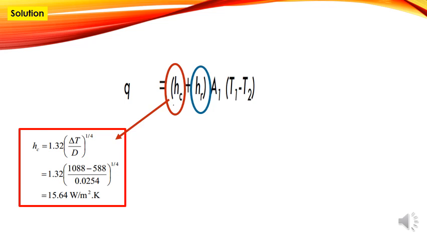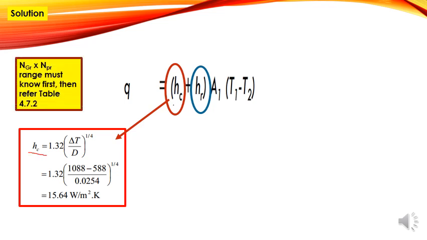But how do we get this formula for Hc? Actually, it again refers to table 4.72 that I showed you just now, where the range of Grashof times Prandtl should be determined first in order to determine which equation is suitable to be used.